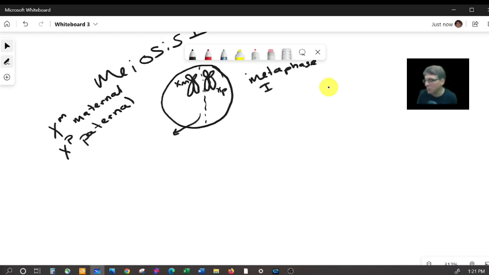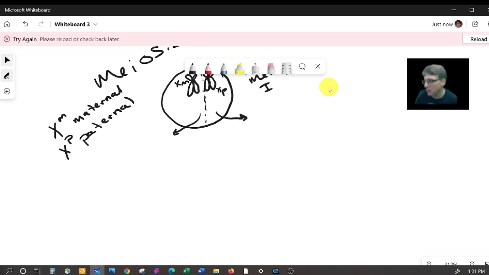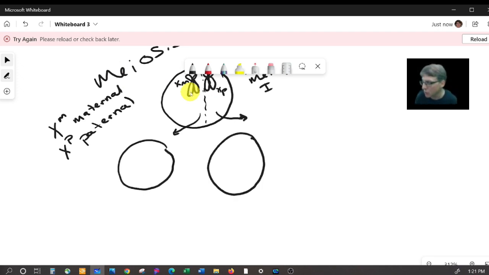And so during normal cell division, we're going to separate our homologous pairs. So we're going to divide this cell in half. Okay, and when we divide this cell in half, we're going to pull the maternal chromosome apart from the paternal chromosome.